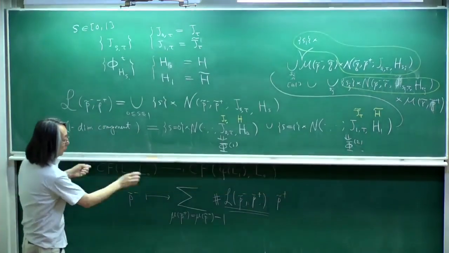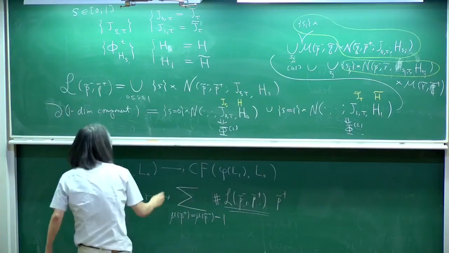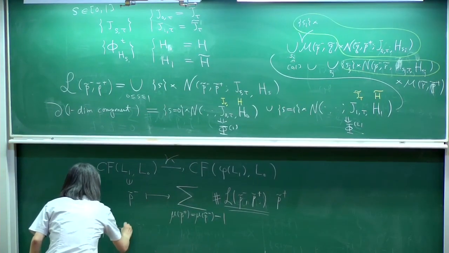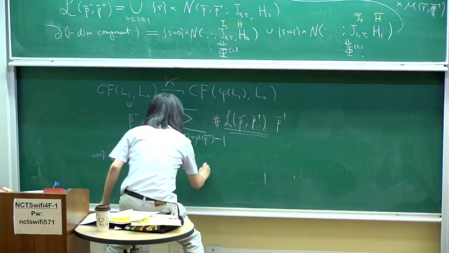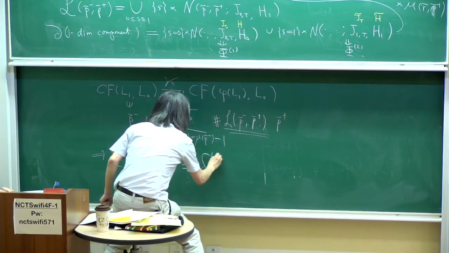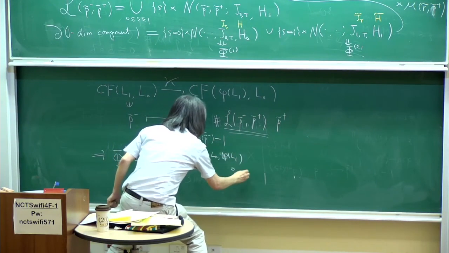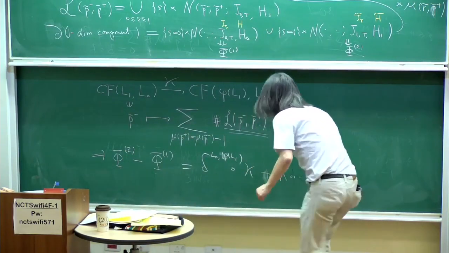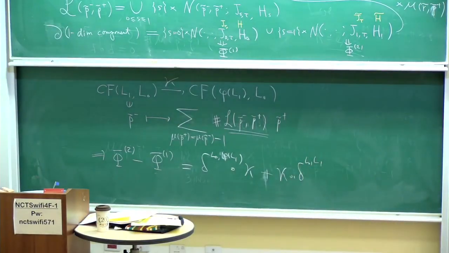So if you count them, then what we can say is this phi 2 minus phi 1, if I put a certain sign, is this delta of L0, L1, L0 phi 1 composed with this kappa, maybe plus kappa of delta of L0, L1. So therefore they are chain homotopic.